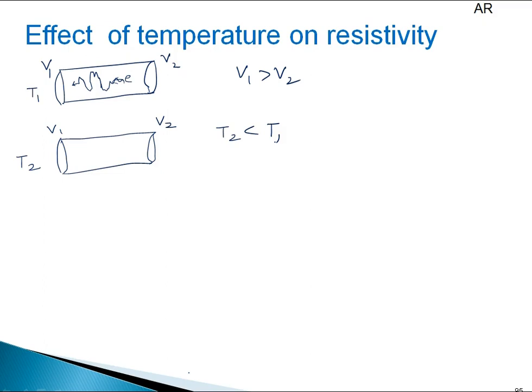So the rate of collision between electrons will decrease. So again you will say, of course this electron will move toward the left side, but the randomness will decrease, not like the T1 temperature. So at low temperature random motion of electrons will be relatively less.